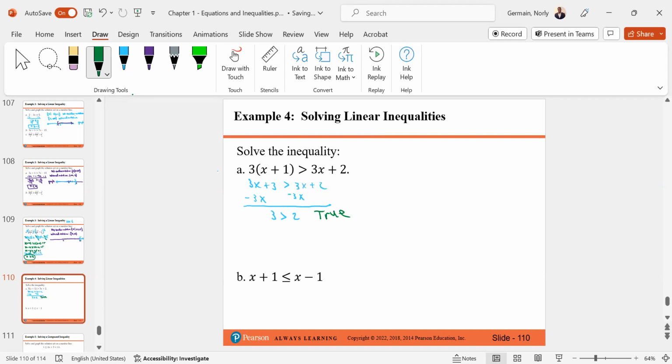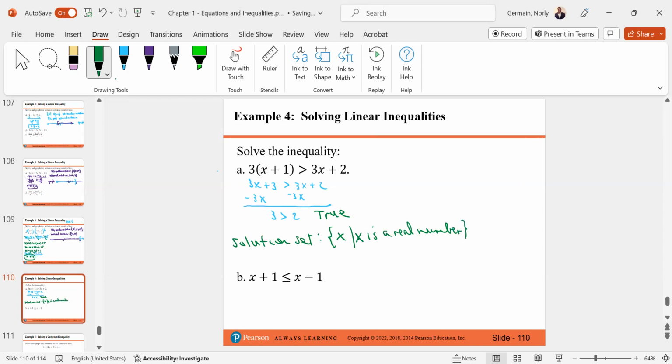We said all real numbers. How are we gonna write it? We said x such that, this is the solution set. I'm gonna write it this way: solution set, x such that x is a real number.